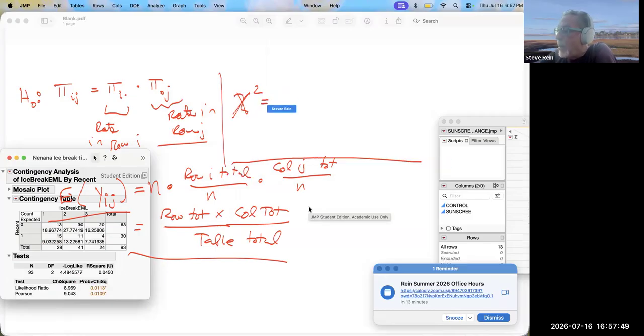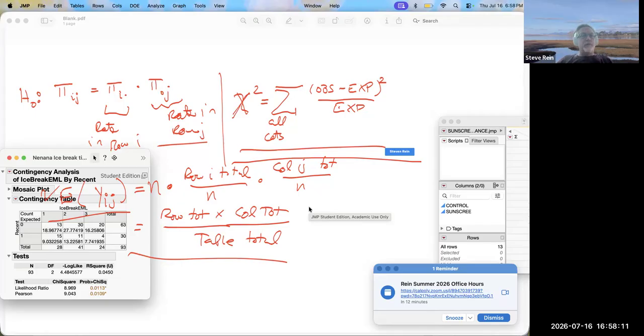That's equal to summing across all the categories the observed count minus our expected count, squared, divided by the expected count. If we sum that across all 6 cells, we get our Pearson chi-square value, in this case 9.043.